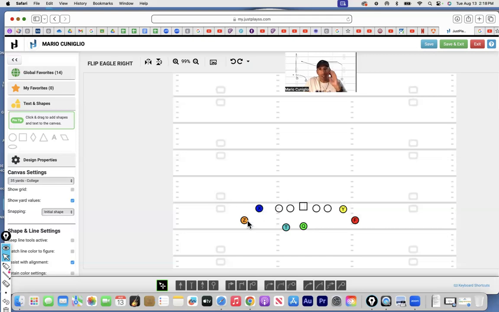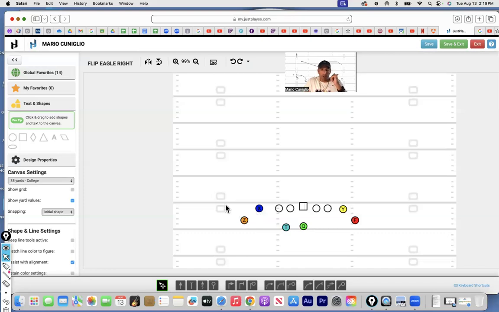And then the Z, what we're going to do with you is you're going to be off the ball outside of the X. And we're going to say with you, you're going to split the difference between the top of the numbers, okay, and basically the X receiver.